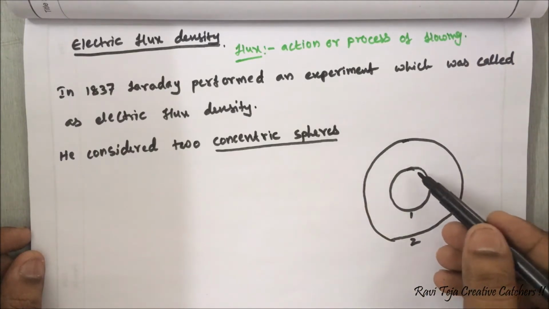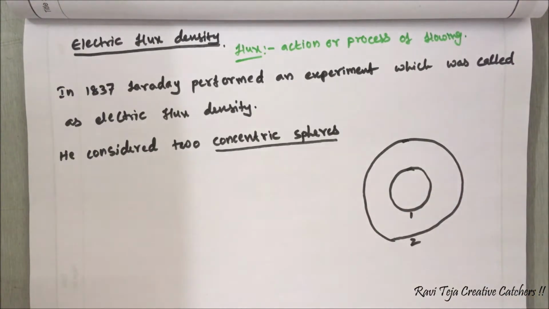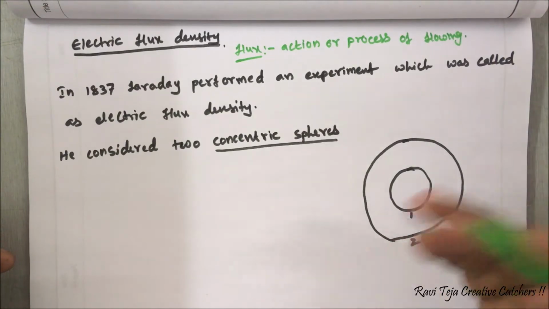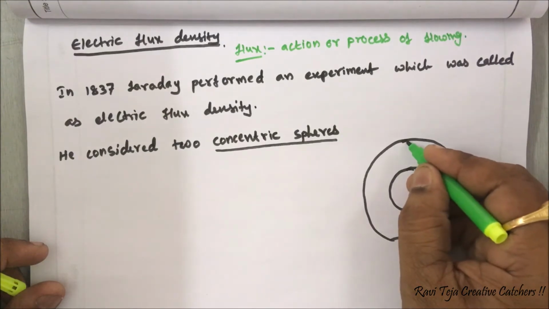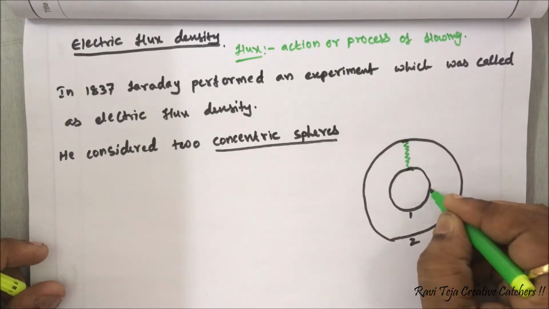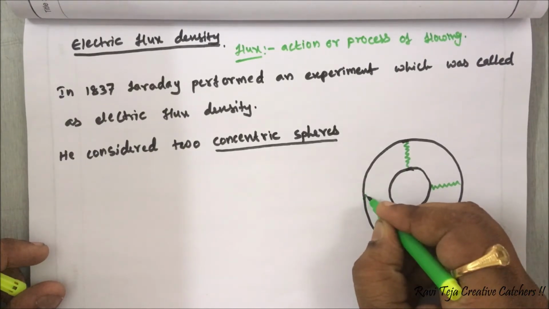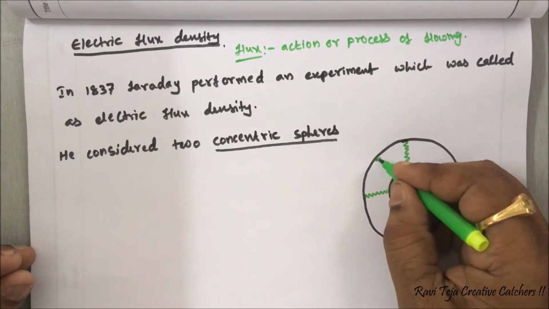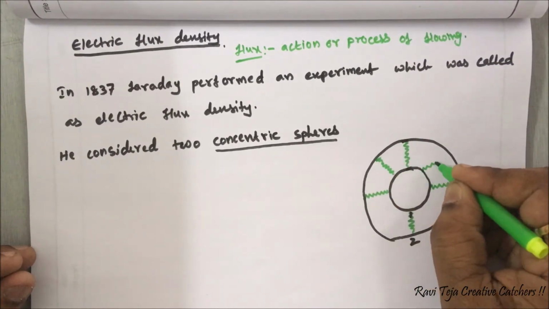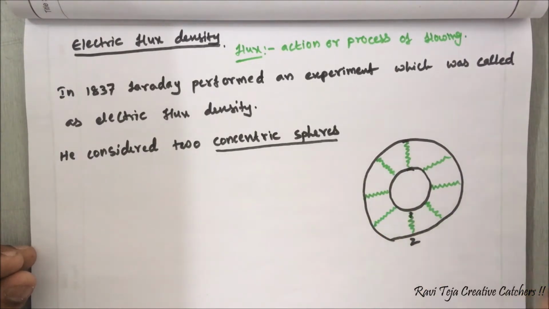and both the spheres have a dielectric medium in between. A dielectric medium means an insulation such that there won't be any passage of current or charges. So let us consider this as a dielectric medium. These two spheres have a dielectric medium in between. This is how the setup is made.